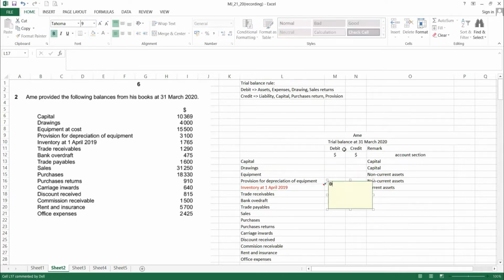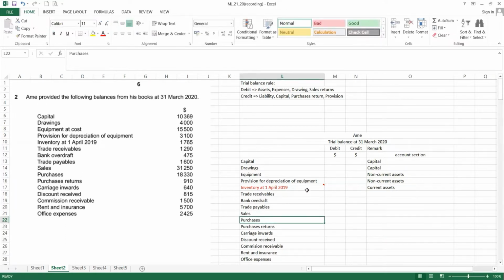Closing inventory in the additional information won't appear in the trial balance.